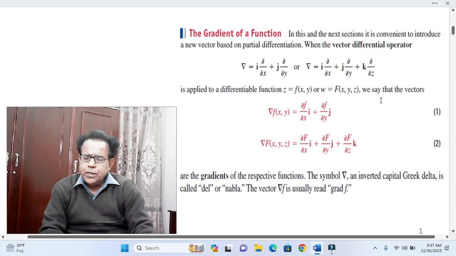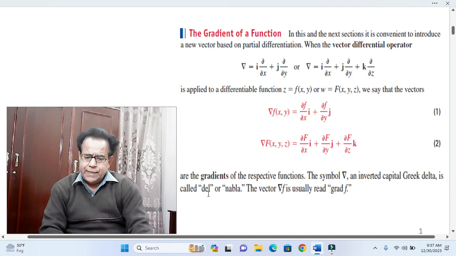We say that the vectors del f(x,y) equal to partial f over partial x i plus partial f over partial y j, or del F(x,y,z) equal to partial f over partial x i plus partial f over partial y j plus partial f over partial z k, are the gradients of the respective functions.